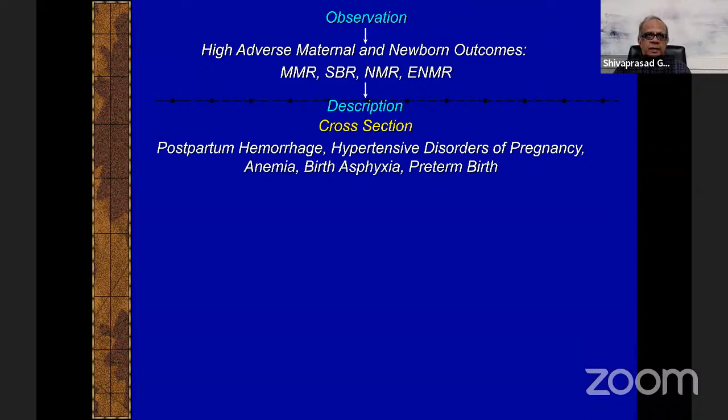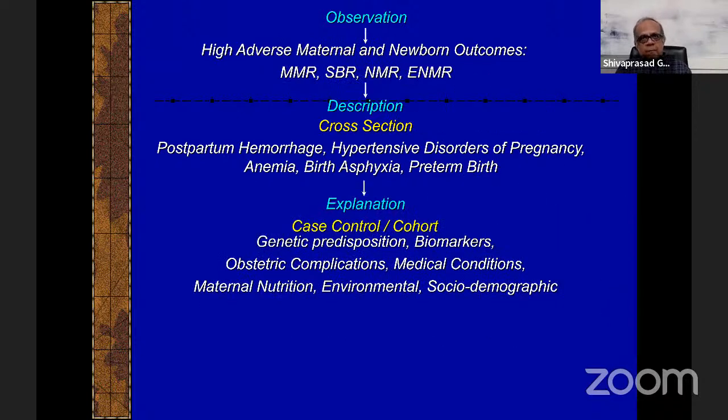And then you need to understand what the causes are for that mortality and morbidity as it relates to either the mothers or the newborns. And Professor Vishnu Bhatt has been part of one of these exercises, trying to understand the causes of mortality from preterm birth as well as stillbirths.